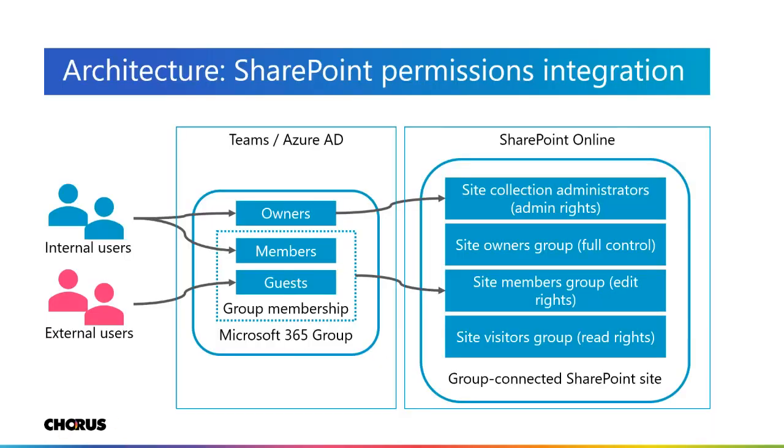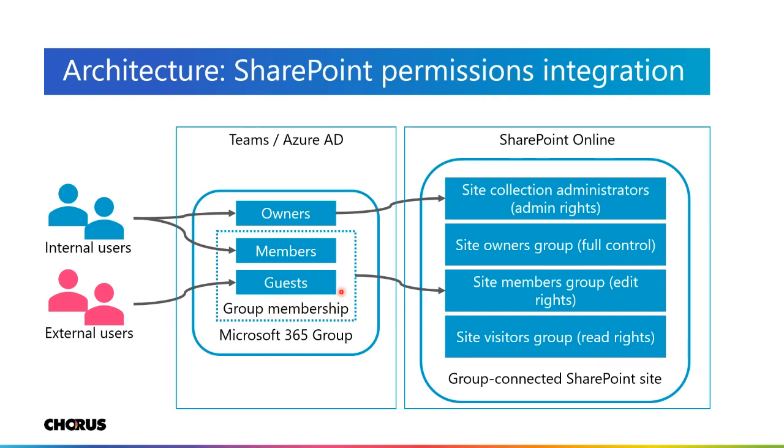And if you drill into that in a bit more detail, it's reasonably elegant the way it works under the surface. Taking SharePoint as one example, everyone you add to your team gets added to the membership of the Microsoft 365 group. So your team is a lightweight wrapper around this Office 365 group.